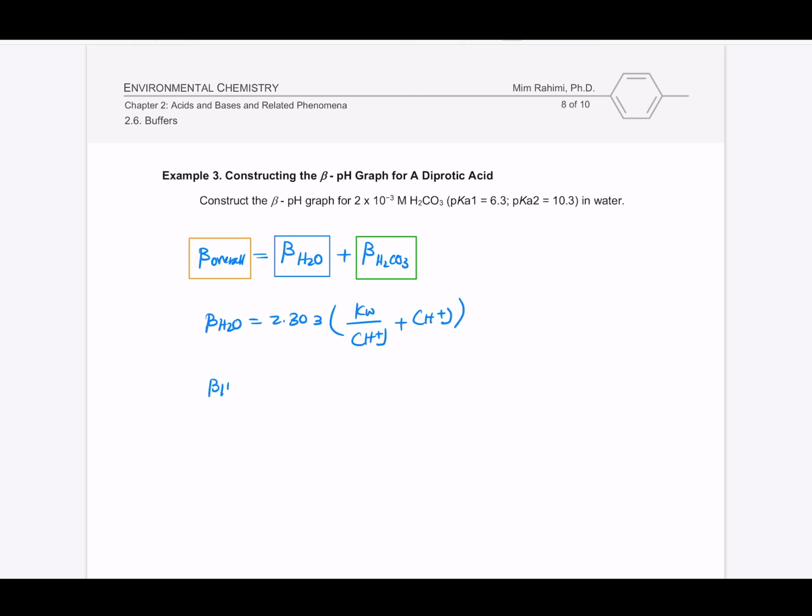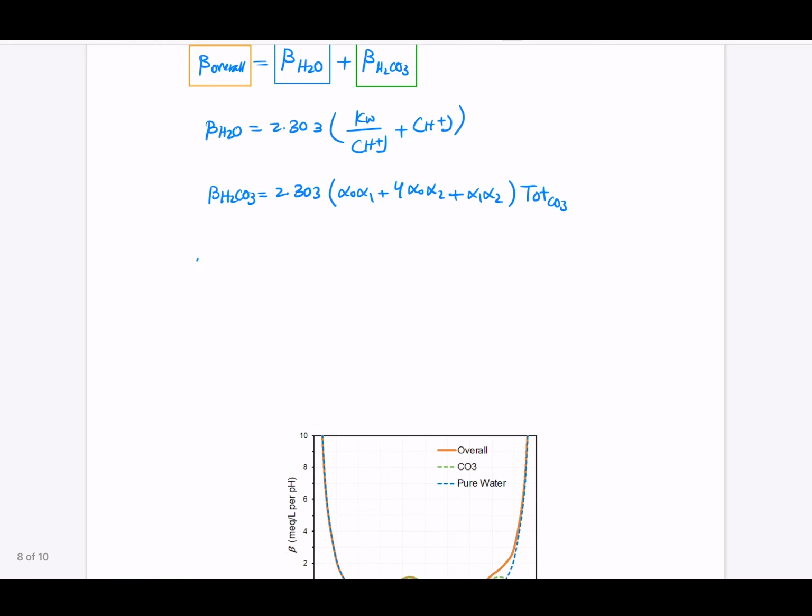But now for carbonic acid, we go back to the table basically. 2.303 times alpha 0 alpha 1 plus 4 alpha 0 alpha 2 plus alpha 1 alpha 2, times the total CO3. A quick reminder, we know alpha 0 is equal to H plus to the power of 2, divided by H plus to the power of 2 plus Ka1 H plus plus Ka1 Ka2.